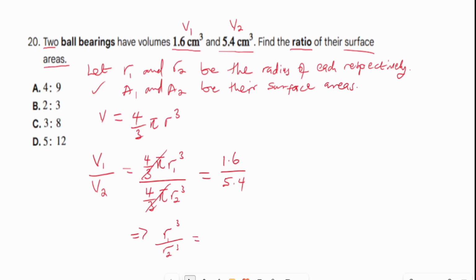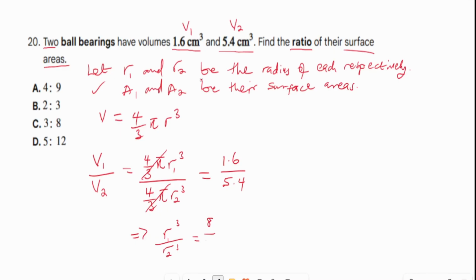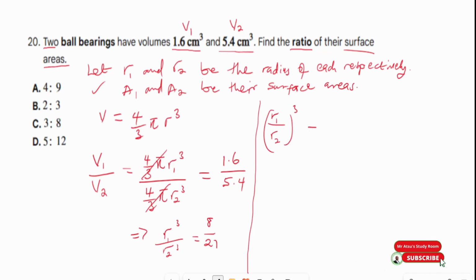Let's use the calculator. 1.6 over 5.4. That equals 8/27. Let's just go ahead and find the radius for each of them. So this means that R1 cube over R2 cube can also be written as R1 over R2 all cube, since they have the same exponent, equals 8 over 27. Let me write it out.